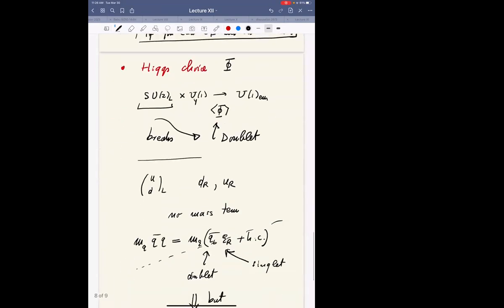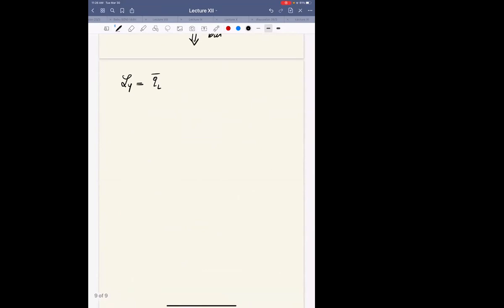Lepton doublet, quark doublet. So I will have QL, I will have Yukawa D, phi, dR, for example. If I want to give the mass to the down quark, then notice I show immediately here that this must be a doublet. Phi must be a doublet. There is no choice even.